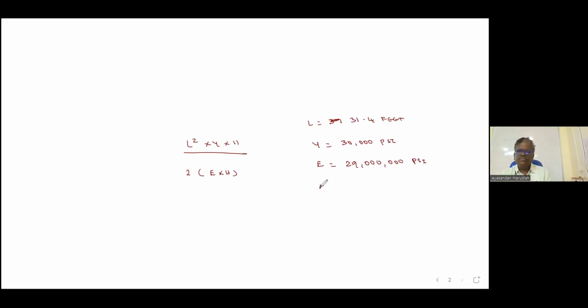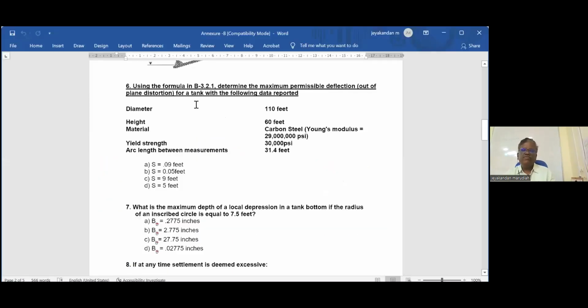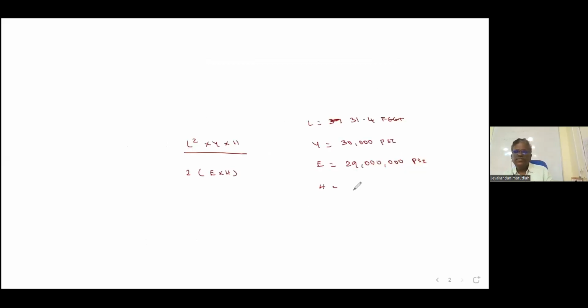And H is the tank height in feet, which is 60 feet.